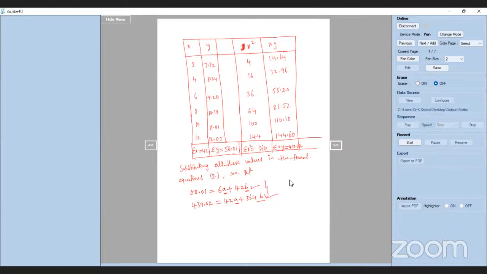First multiply equation 1 by 7 and then solve the first and second equation. You can get the b value.